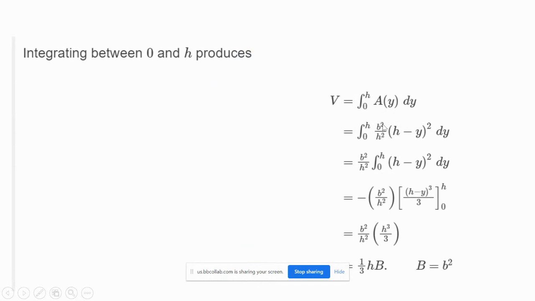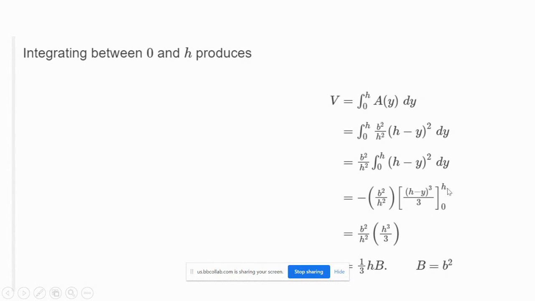B squared over h squared is just a constant, so I can pull it through the integral sign. This is the integral from 0 to h. Integrating this in y requires a u substitution, which is where you get this minus sign, but you add 1 to the exponent and divide by the new exponent.